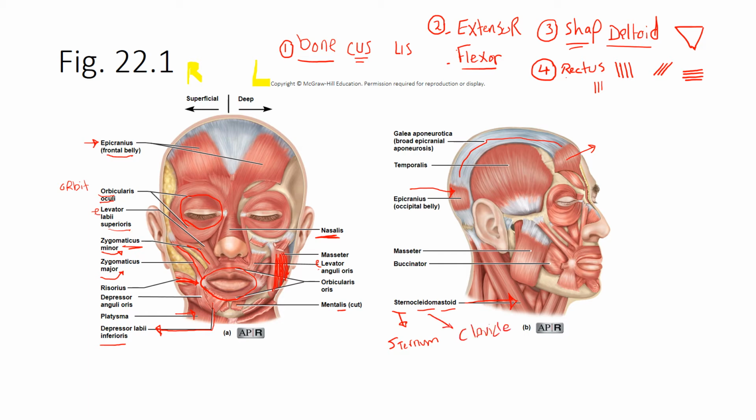sternocleidomastoid. That means the muscle is attached to the sternum, clavicle, and mastoid, which would be the mastoid process here at the end of the mandible and the temporal bone of the skull. Mastoid in the Latin language means breast.